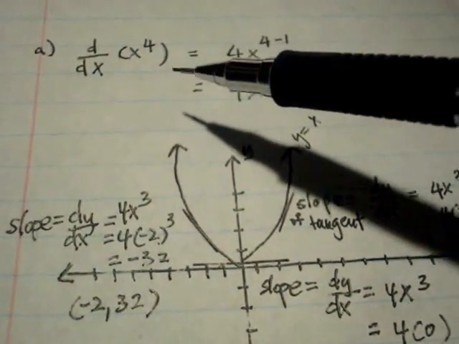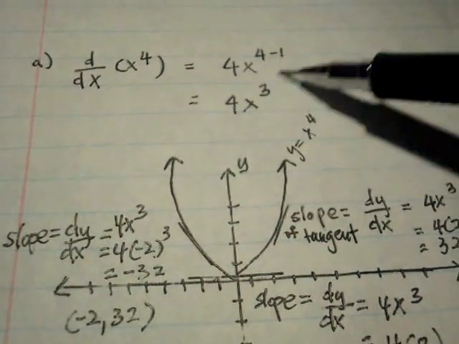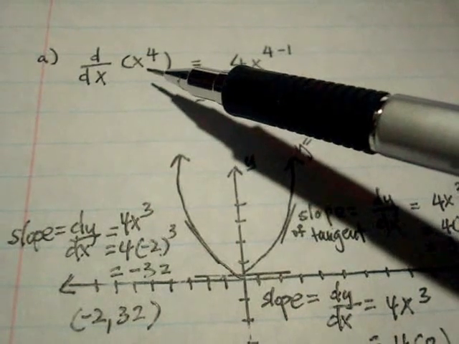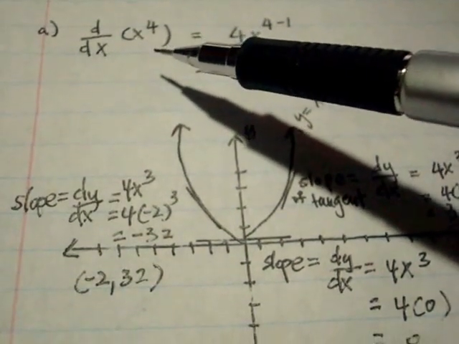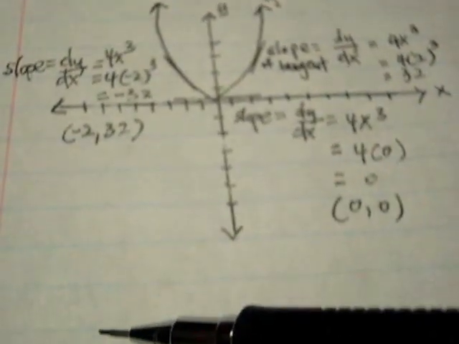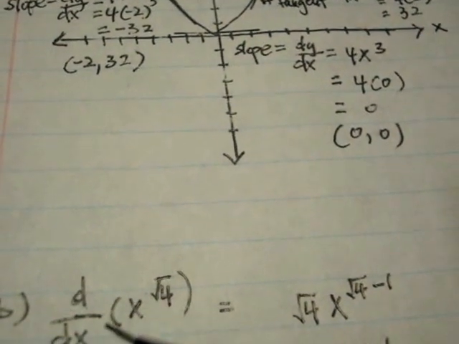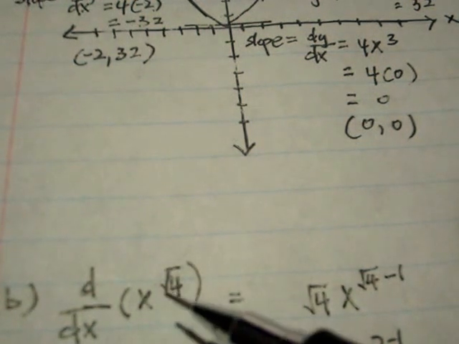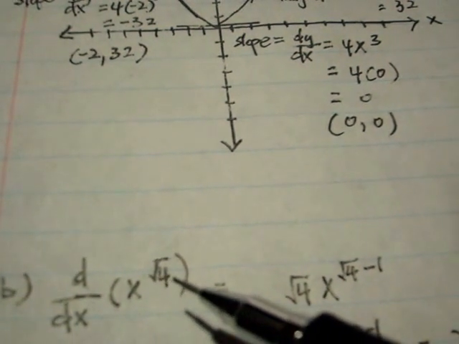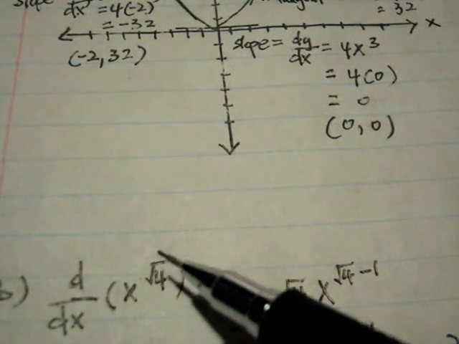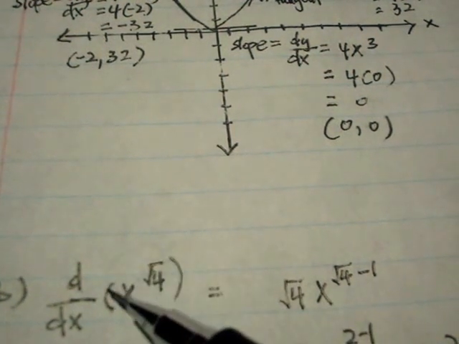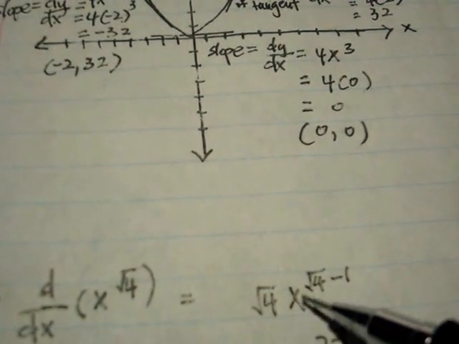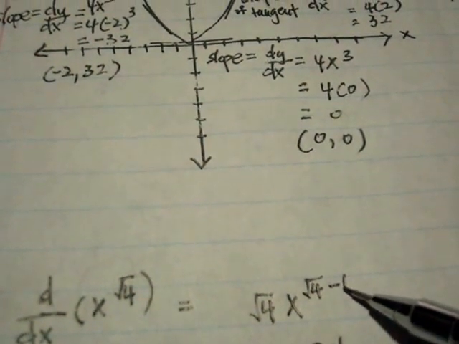Now that we solved this type of expression, let's try a radical. For example, let's say they ask us to find the derivative of x raised to radical 4. So according to the power rule, you bring this down in front of the variable, which is radical 4 x raised to radical 4 minus 1.